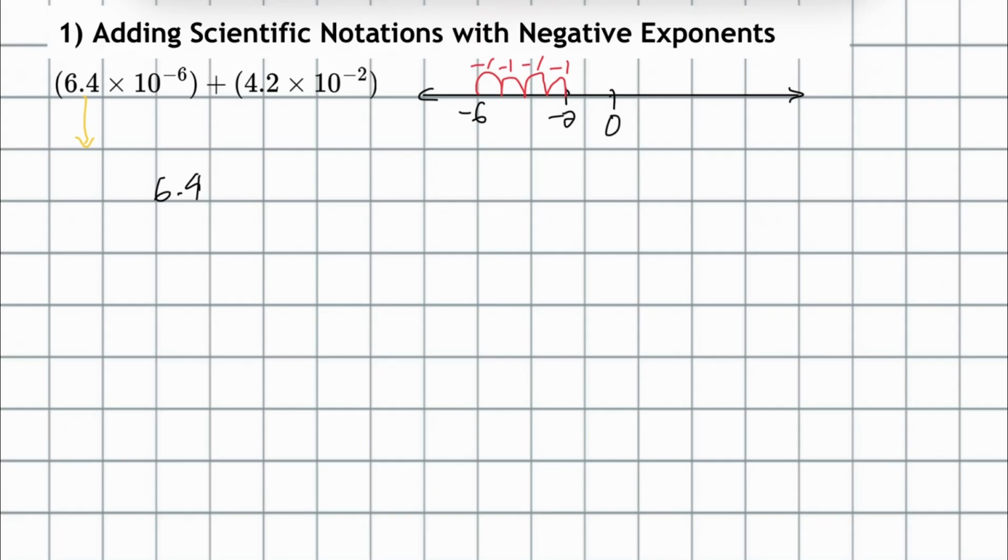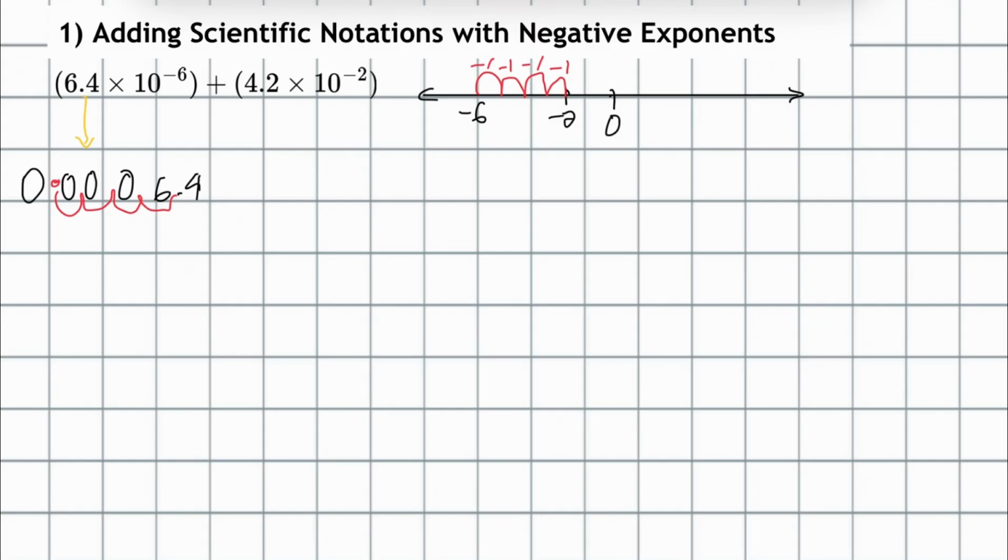So let's say we have 6.4. We're going to move that to the left from its decimal place 4 times. So we are moving 1, 2, 3, 4. We place the decimal point there, and we fill out all these values with zeros, including those zeros in the front.